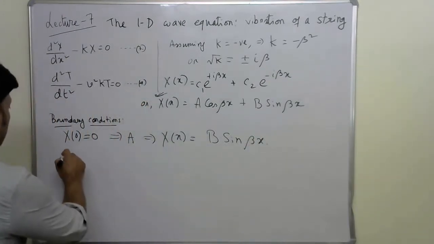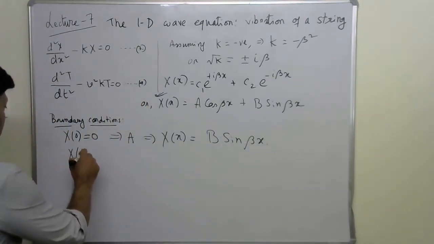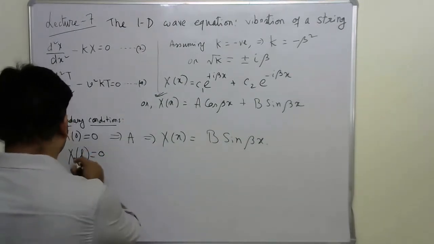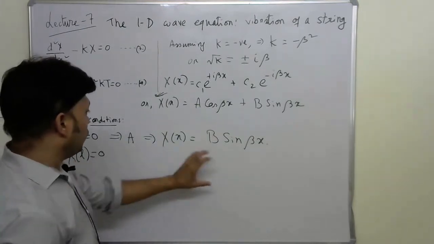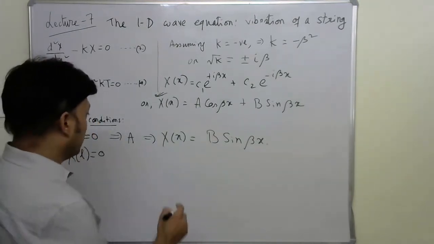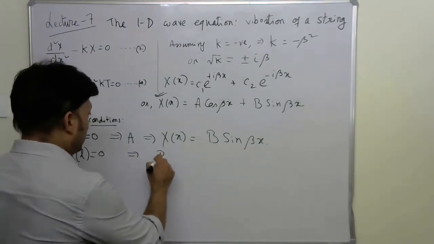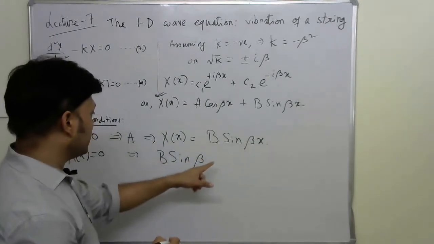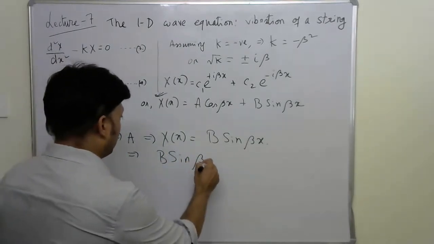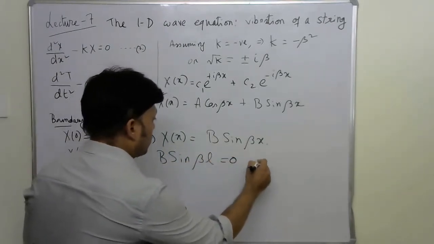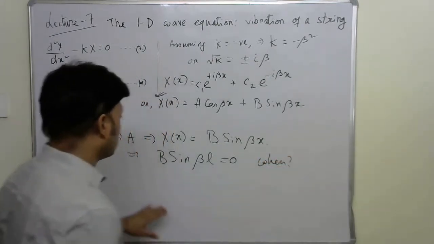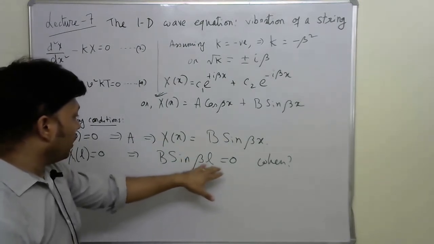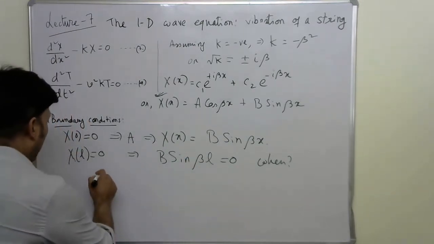Alright, so now let's put our next boundary condition, that at x equal to L, we also have 0. So here we apply this value. If we put x equal to L, b sine beta L is equal to 0. The question is, for what value of b or beta or L, whatever, does this become 0?